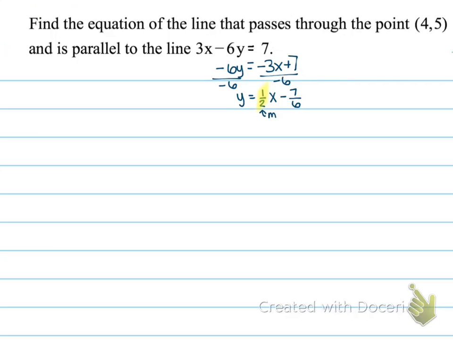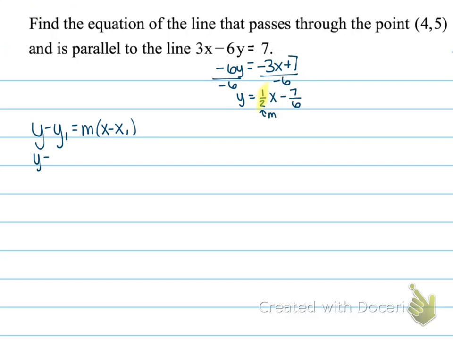Let's start with the point-slope form. y minus y1 equals m times x minus x1. And in this case, we leave the y and the x.